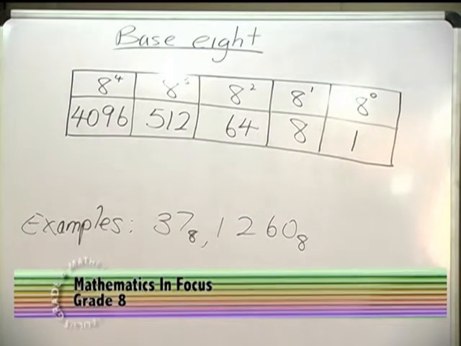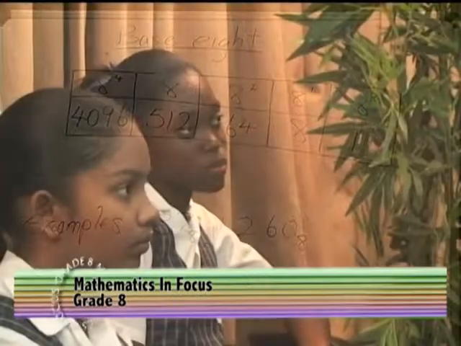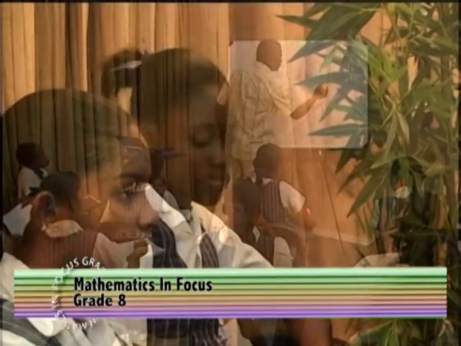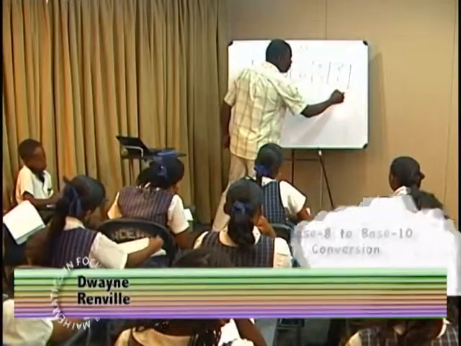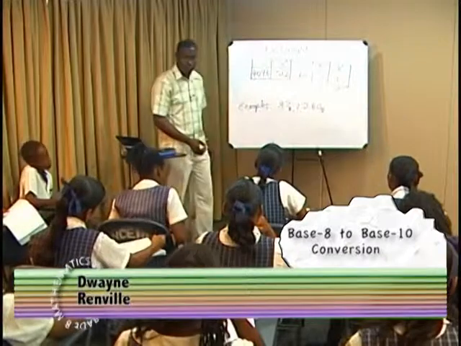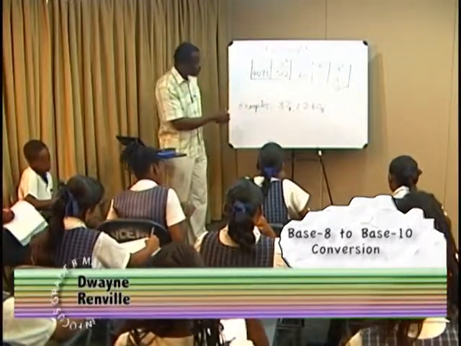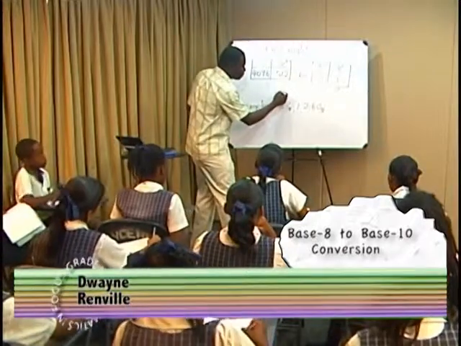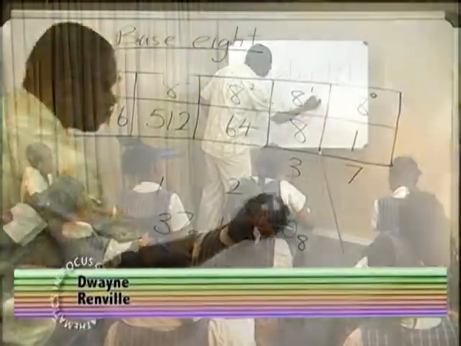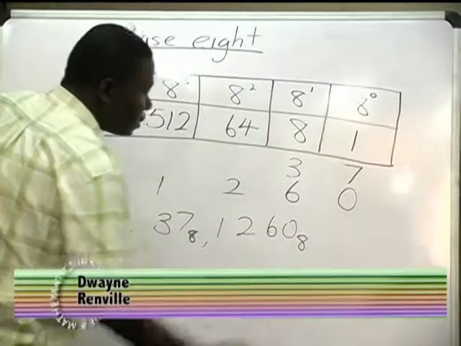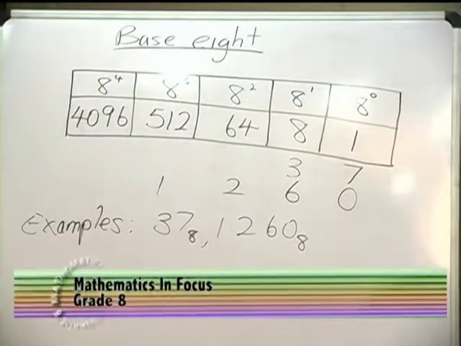Now if we were to write these on this place value grid, we will have 3 here and 7, base 8. The second one is 4 digits, so we will start here. We'll have 1, 2, 6, 0. Do you agree? Yes, sir.